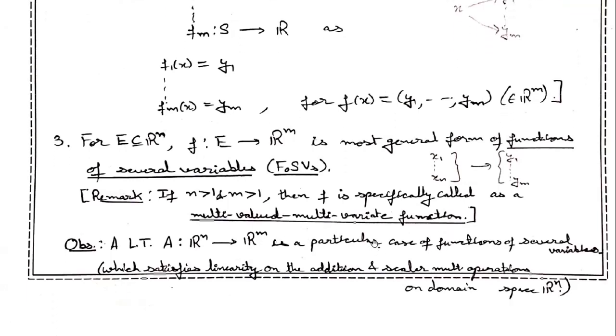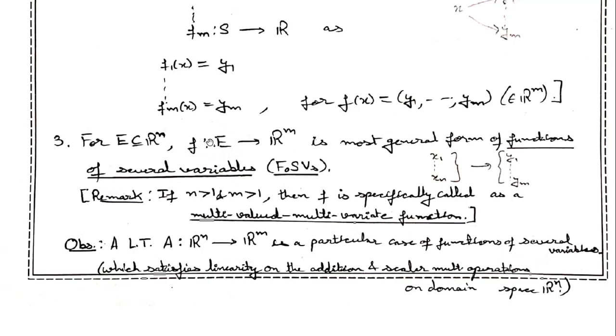Now let us recall a concept from linear algebra, because in this part of our discussion of real analysis we are already discussing linear transformations from Rn to Rm. So let us consider what a linear transformation from Rn to Rm is. Definitely it's a function from Rn to Rm, so it's also a function of several variables.